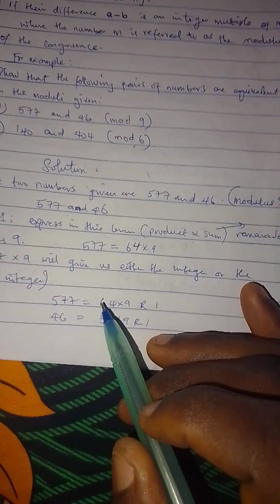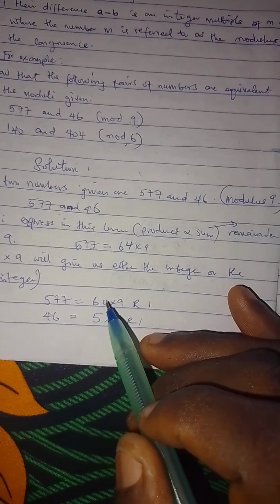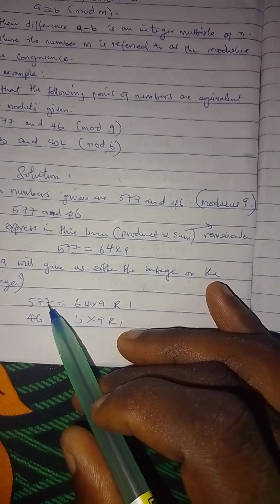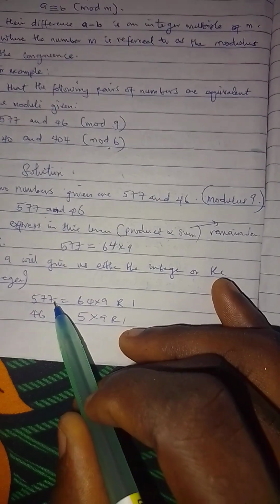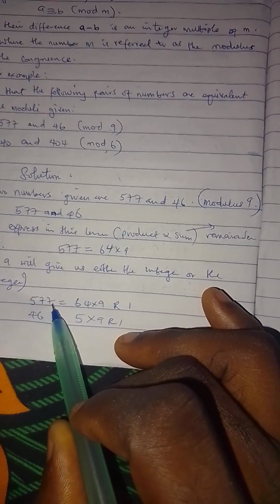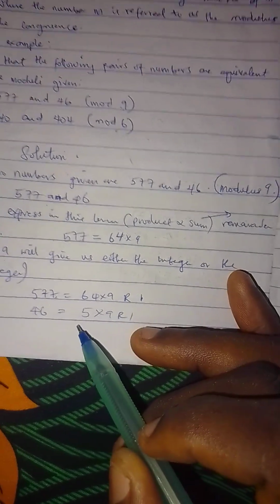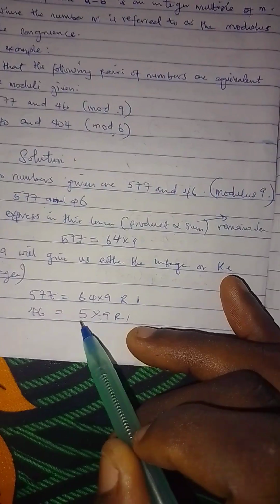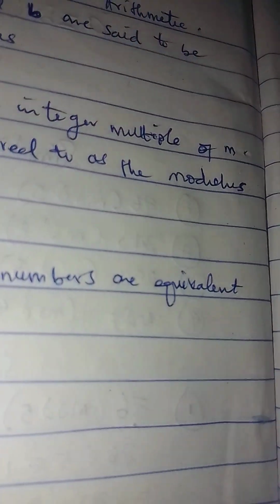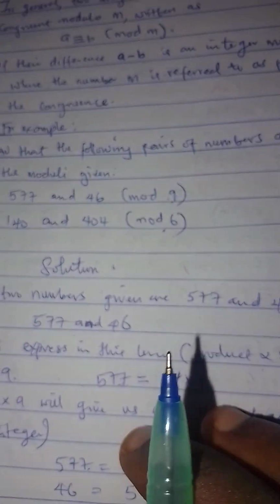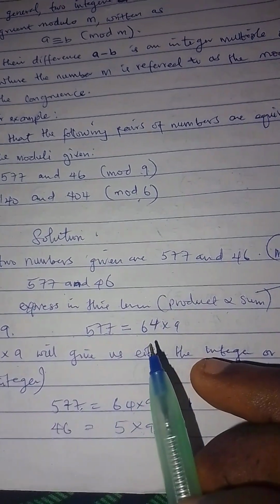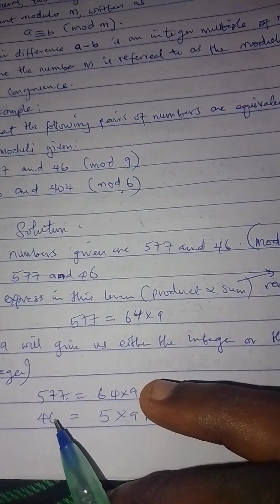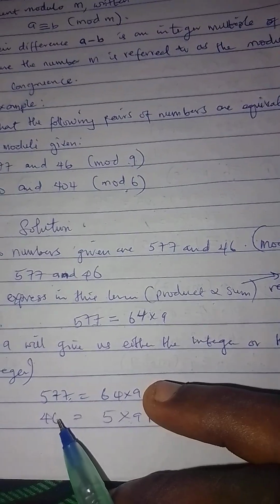While trying the multiples of 9, I discovered that 64 multiplied by 9 is 576. So you can see that 576 is the closest number to 577, and I brought down the remainder here. Then, trying the multiples of 9 again, when I got to 9 times 5, I got 45, and 45 is the closest number to 46.